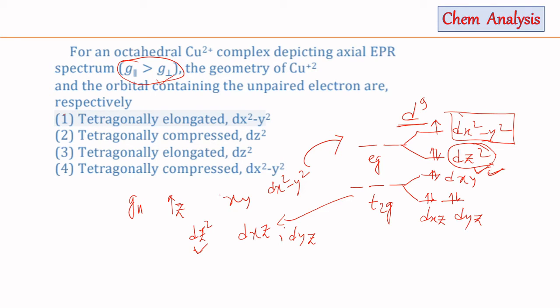So it will be tetragonally elongated and the unpaired electron resides in the dx square minus y square orbital.